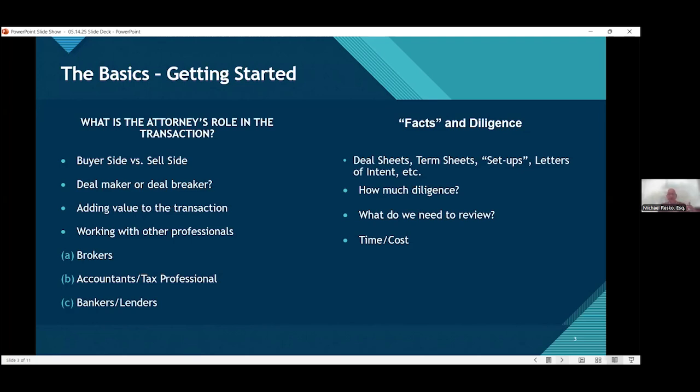Those transactions are substantively, materially different from the asset transaction, primarily because we're talking about not only acquiring the assets, but also taking on the existing liabilities of the business that's being sold.